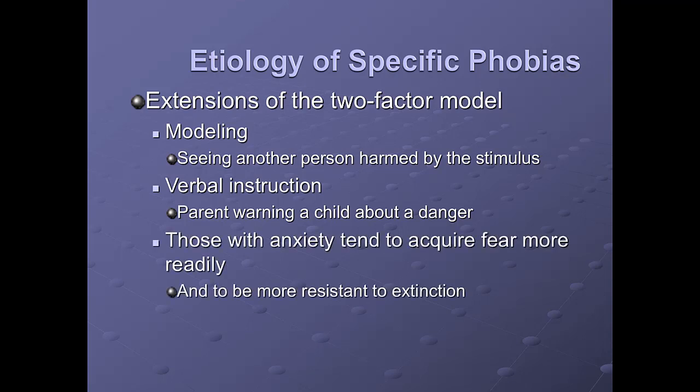What's interesting is that those with anxiety tend to acquire fear more readily. They have a tendency to be more resistant to extinction. So for those of you that have forgotten, remember, extinction is a phase of learning in which we unhook the unconditioned stimulus from the conditioned response. In other words, we cut the link between the dog and the fear.